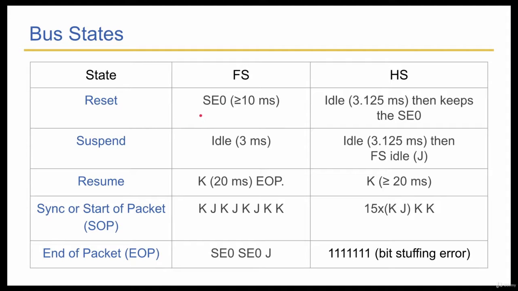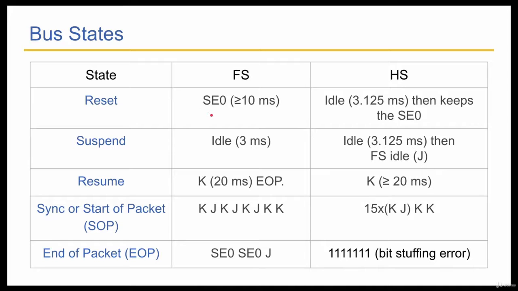So the host pulls both data lines down for more than 10 milliseconds, and by doing this the device will see that both lines were pulled down by the host, and it should be restarting itself.